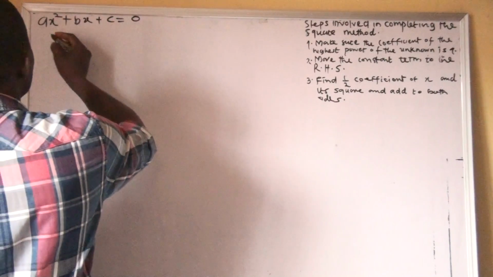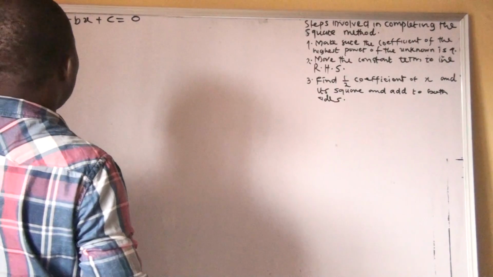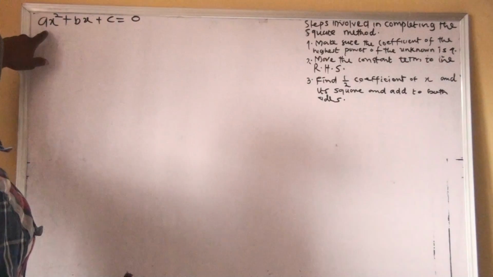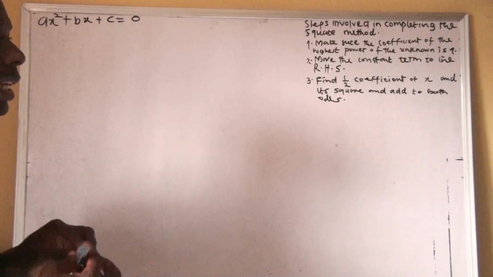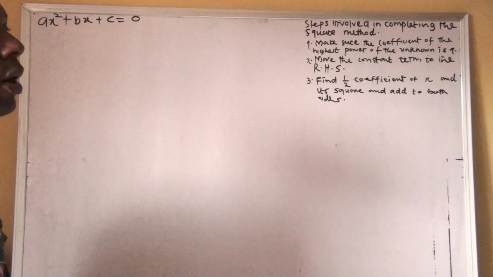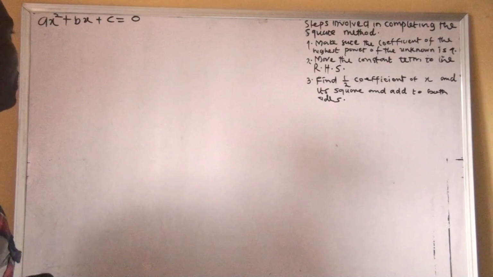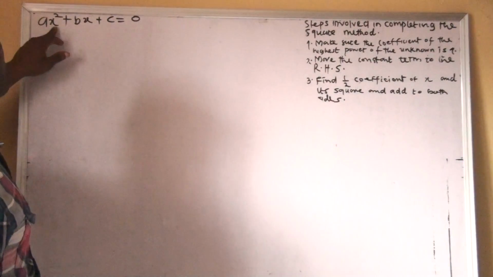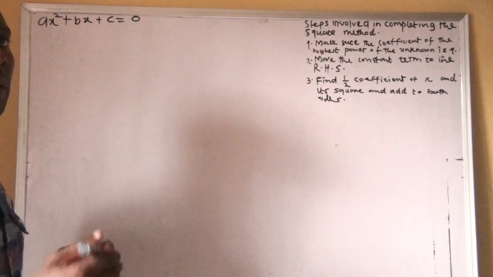Here a, b and c are constants, and a quadratic equation is an equation in which the highest power of the unknown is equal to 2. The unknown in this equation is the x we're asked to determine.